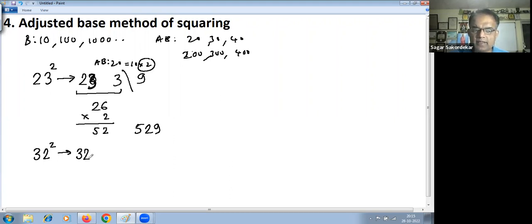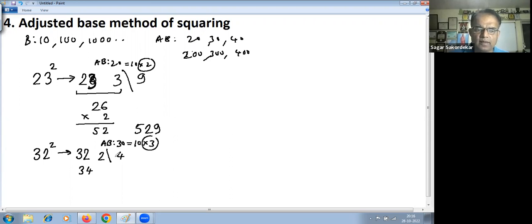Take the number as it is. The adjusted base here will be 30. The relation will be 10 into 3. 32 minus 30 is 2. Square of the difference, 2 squared is 4. So 32 plus 2 is 34.